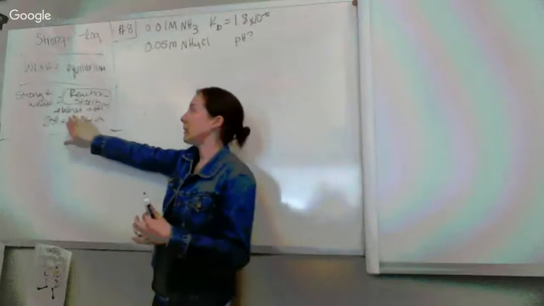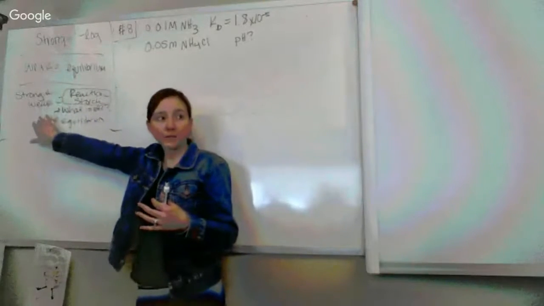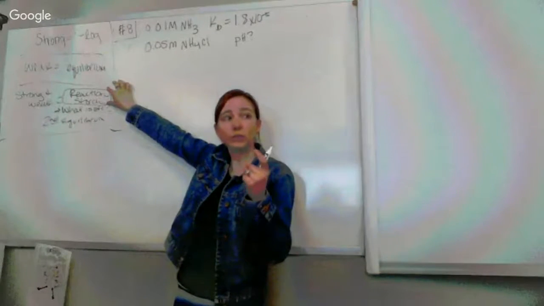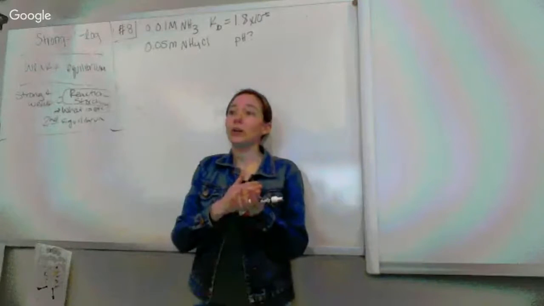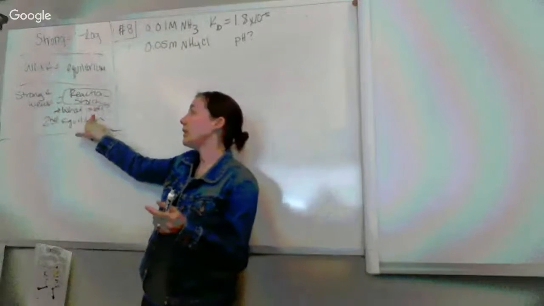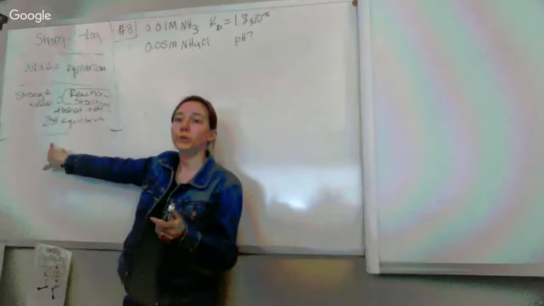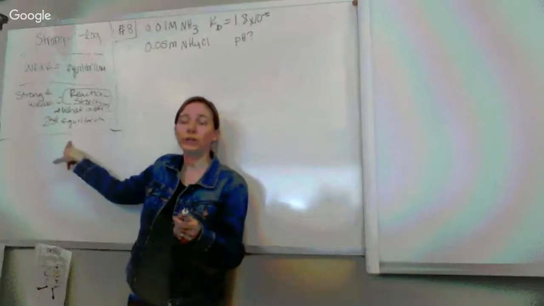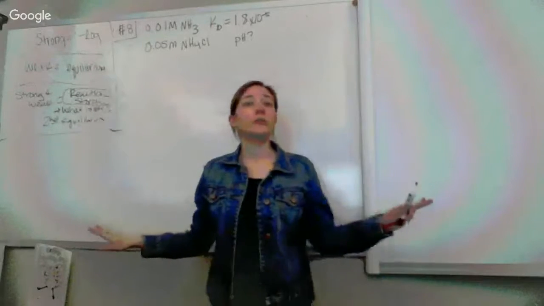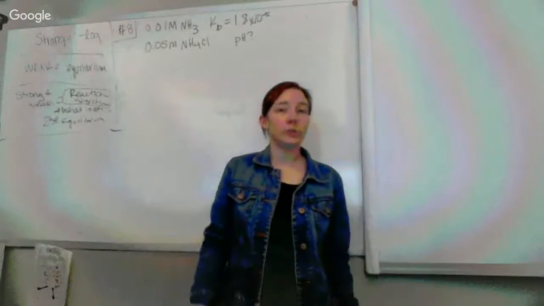Or you're going to have a combination of something that's strong reacting with something that's weak, in which case you have to do a little bit of stoichiometry first to figure out what's left over in your reaction. And then with what's left over, you'll do an equilibrium problem because something weak is going to be left over. So all of your problems are all going to be one of those 3 categories.